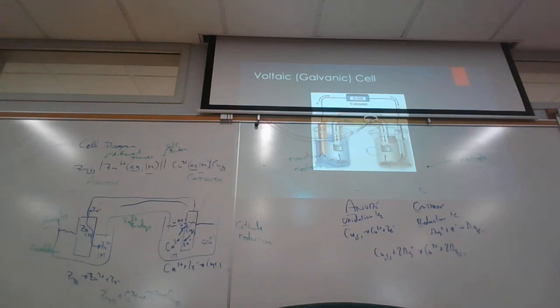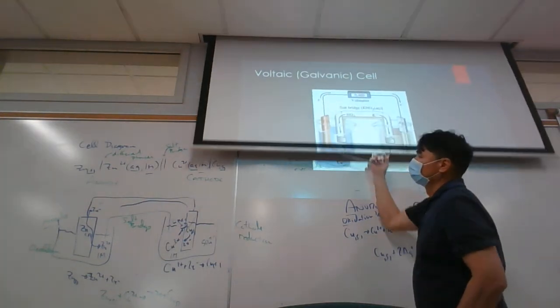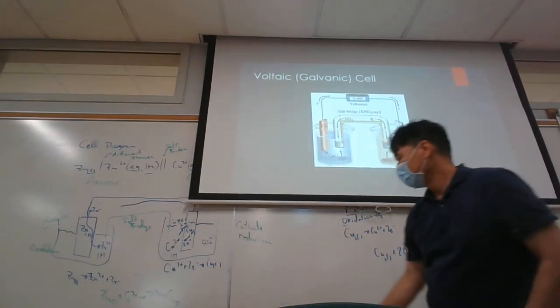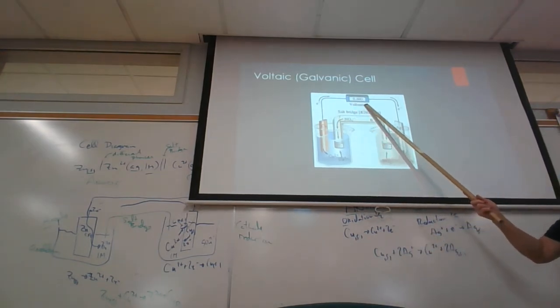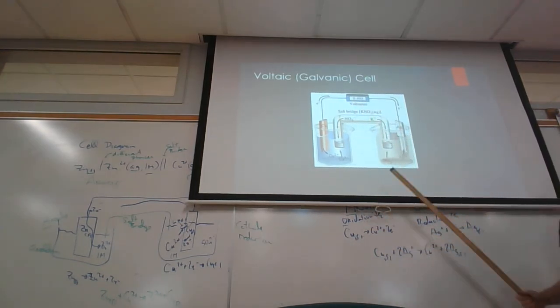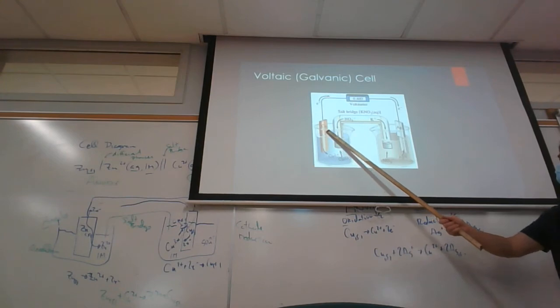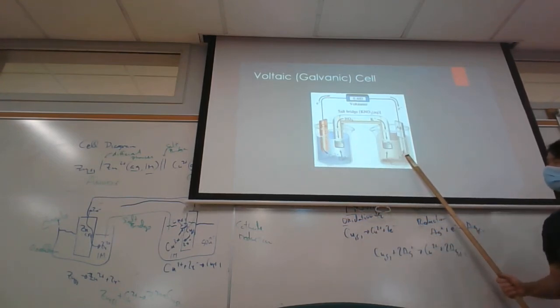So let's go back to the previous cell here. If we look at the previous cell and measure the voltage, it comes out to 0.460 volts. 0.460 volts is involved in this tug of war. Now, silver ion is trying to take the electrons, but copper is resisting. You know, it's not so easy to oxidize copper, but silver ions can do it.